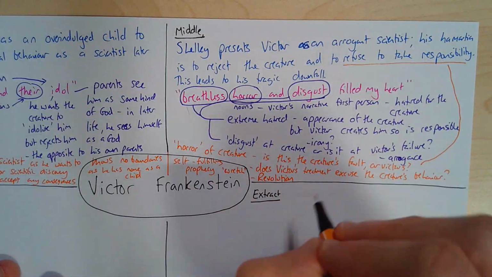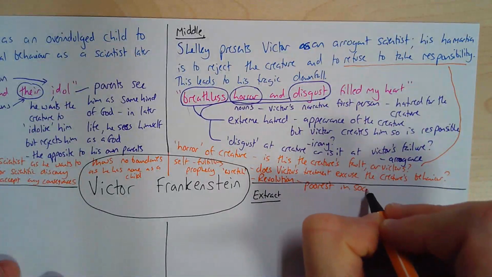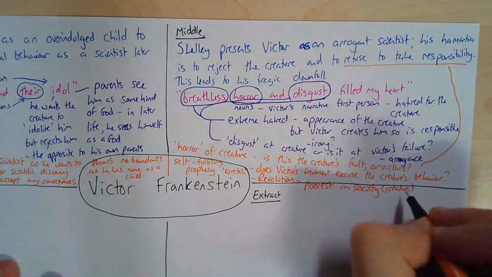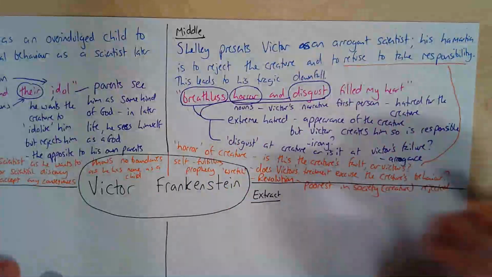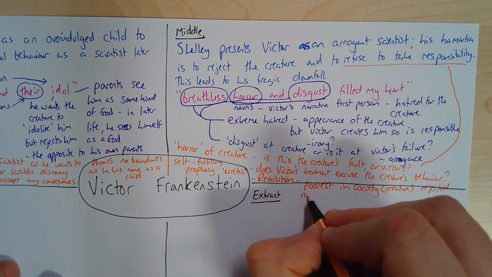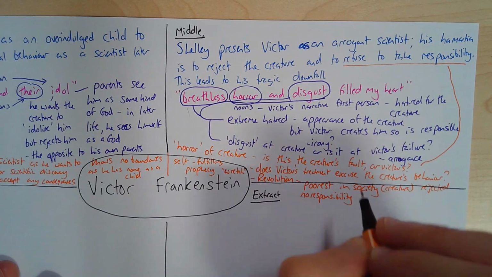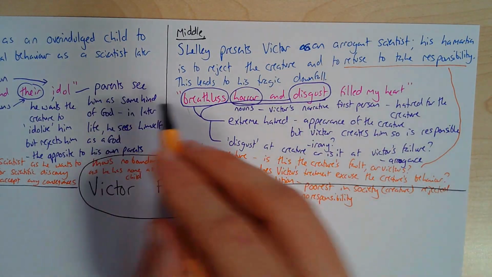This idea that the poorest in society, like the creature, are often rejected. And if you like, no one takes responsibility for them. And that then leads to their own downfall. That leads to the tragic downfall.